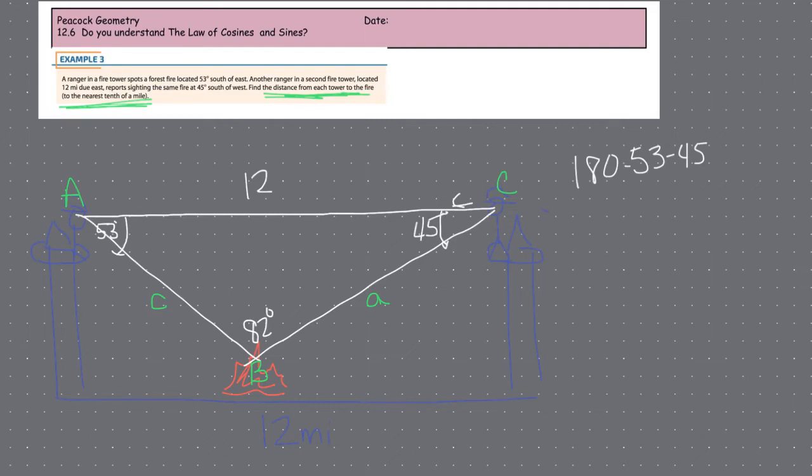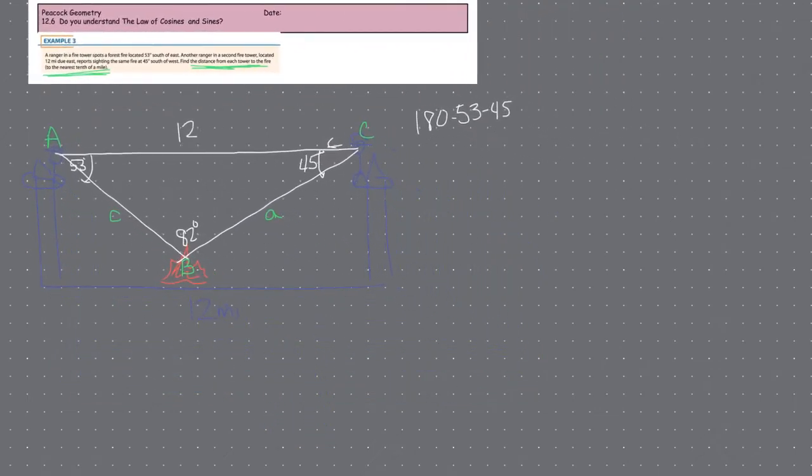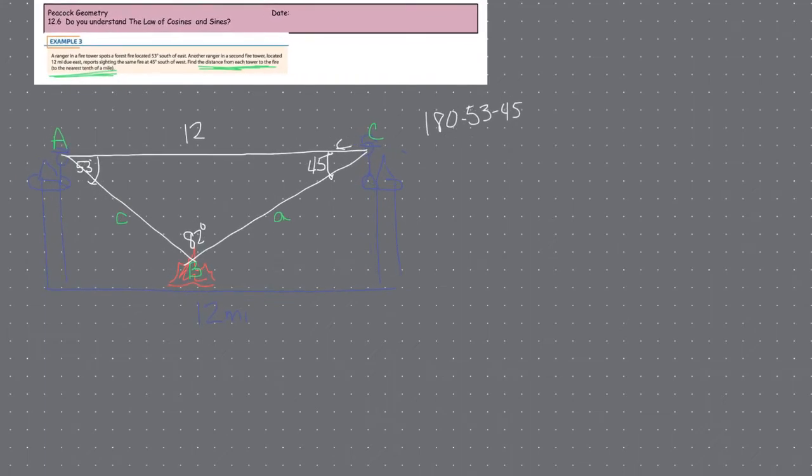We're going to use our law of sines. Remember the law of sines: the sine of A over A is equal to the sine of B over B is equal to the sine of C over C. Let's fill in what we know.